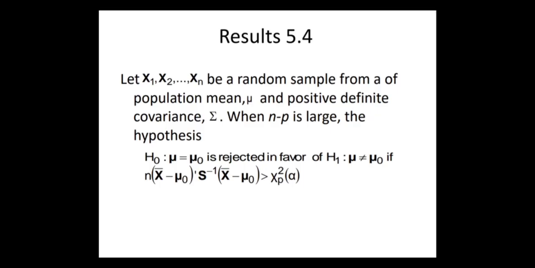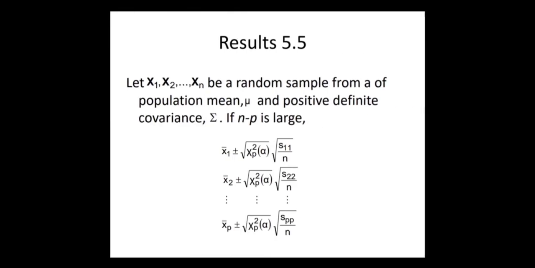Okay, that one is for hypothesis testing, to know whether the value of the mean vector is a plausible value for the population mean. Another one is when we want to find the confidence interval in the condition of large sample size. Alright, so this is the formula. X bar plus minus, we will use the chi-square distribution here.